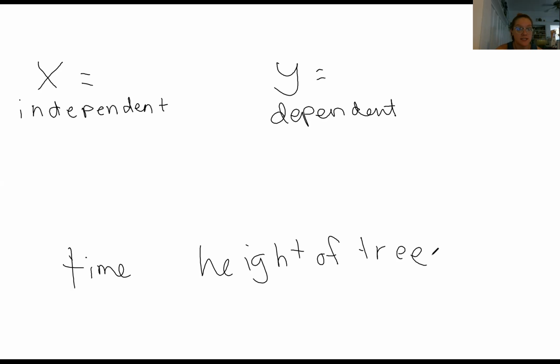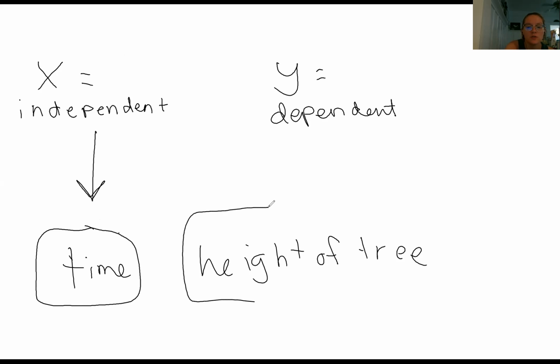That's when we go back to our sentences. Does the amount of time passed depend on the height of the tree? Or does the height of the tree depend on the number of years passing? Okay? Well, if we remember from the last video as well, we cannot control time. We can't go forwards, we can't go backwards, which means time has to be the independent variable.